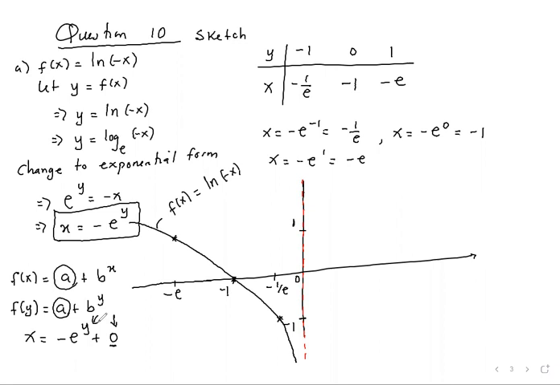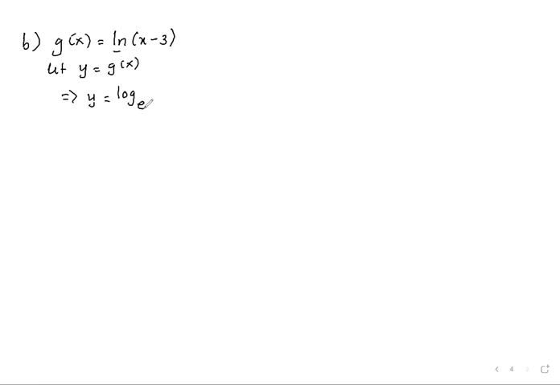Okay. The next one is B. g of x is equal to ln of (x minus 3). What's happening here is that if we let y be g of x, then we have y is equal to log base e, that is ln, of (x minus 3).